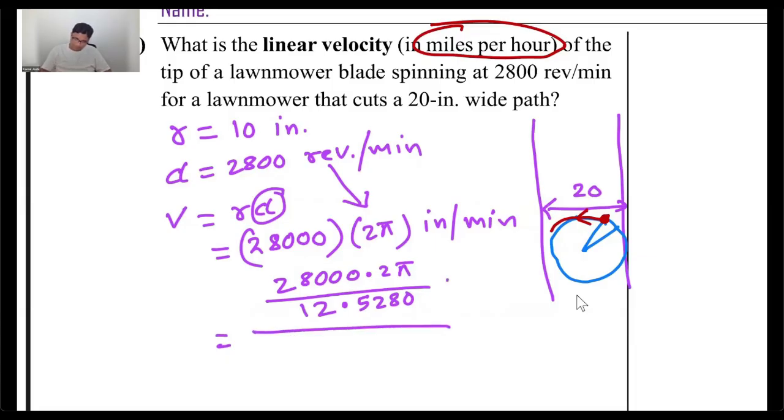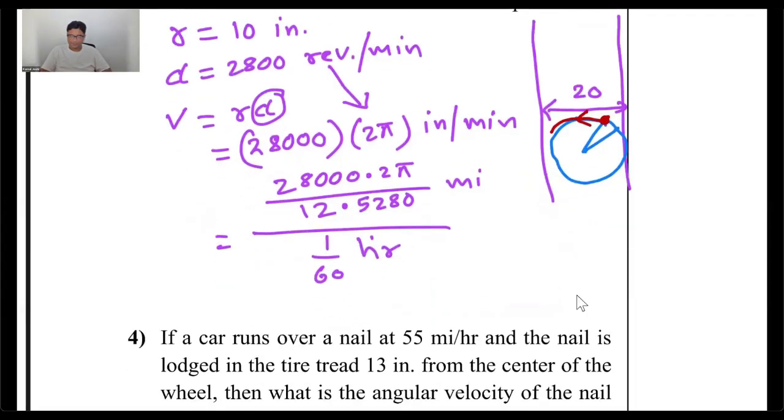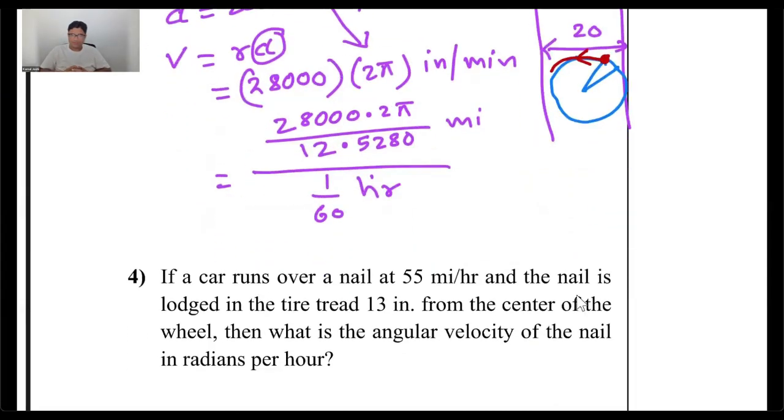And in the denominator, you have 1 minute. You need to convert to hours. So you replace that with 1 over 60 hours. 1 minute is 1 over 60 hours.